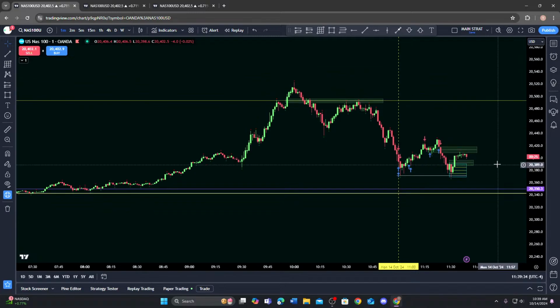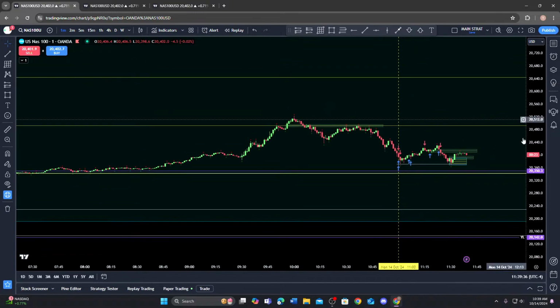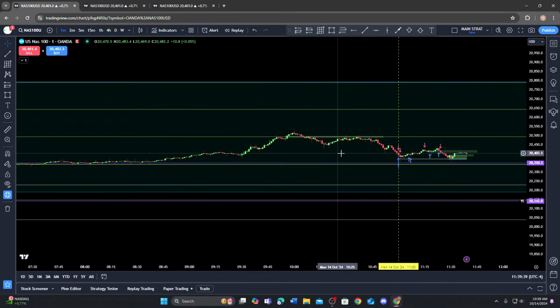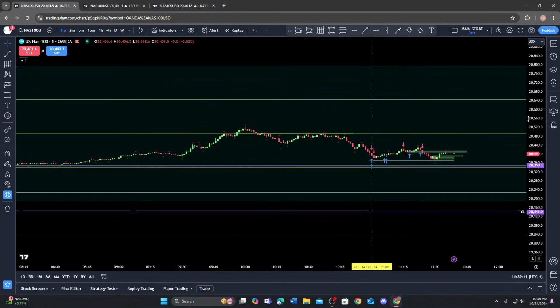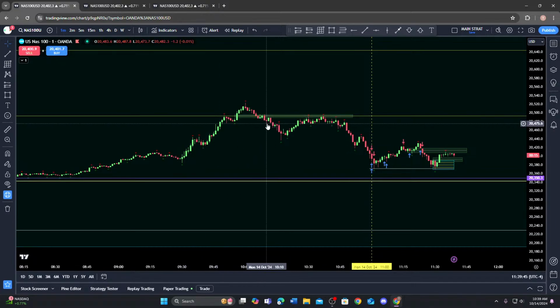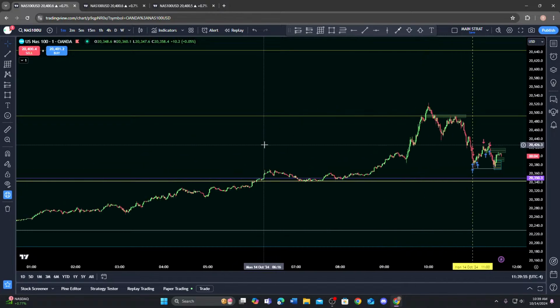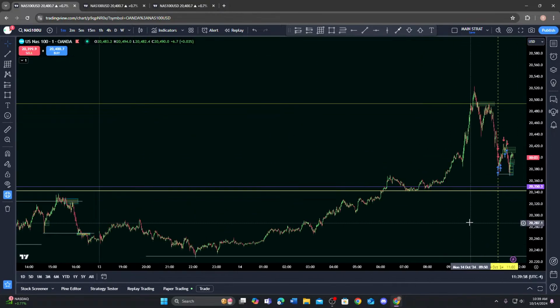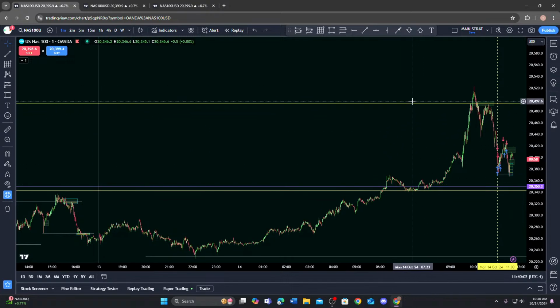For example, this zone here that we're trading in is that order block, and so many times I've seen price trade to an order block on the daily, and if we watch the lower time frame and see how price reacts to that level, we can usually get a good trade off that. Even this right here is the 25% of this daily order block.